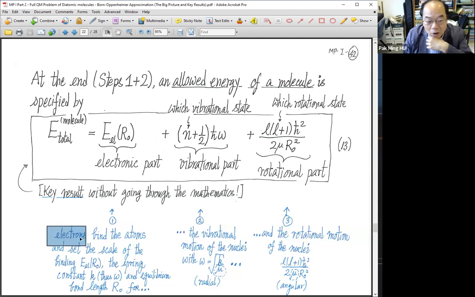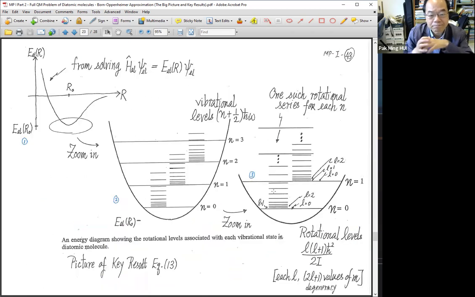And it also sets the energy scale for the rotational motion because it is mu R0 squared, moment of inertia, and this preferred thing is set by the electrons, okay? So it is the hidden implication of this formula.